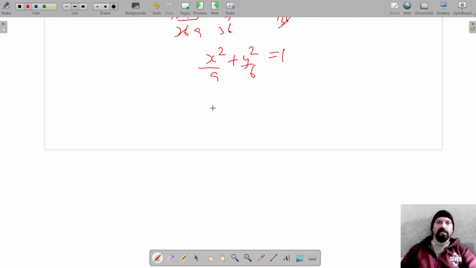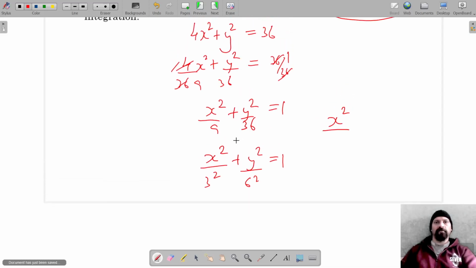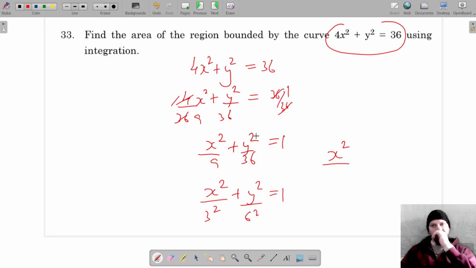to 1. And I can write it as x squared by 3 squared plus y squared, this is 9, this is 36, so I can write it as 6 squared is equal to 1. So this is the equation of the ellipse, which is of the form x squared by a squared plus y squared by b squared is equal to 1.